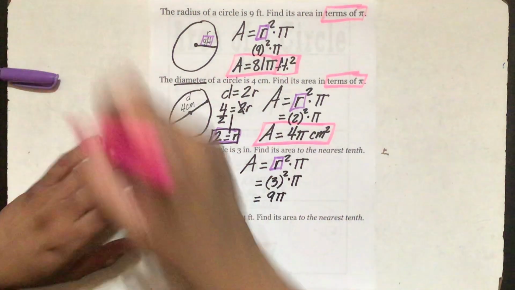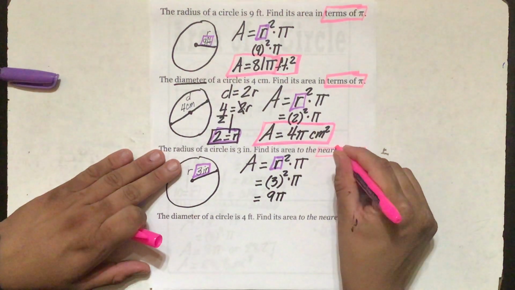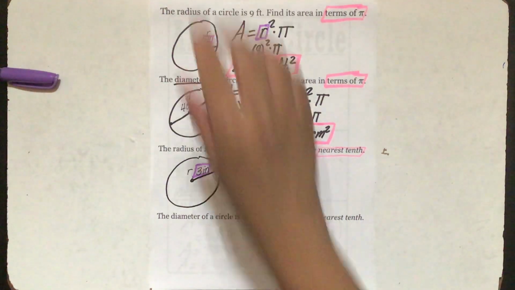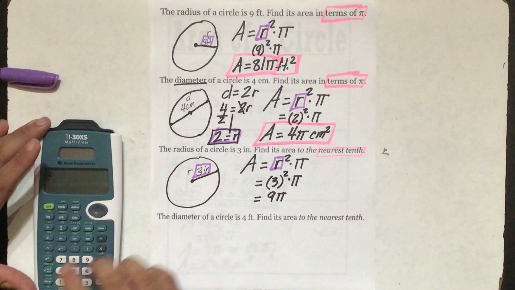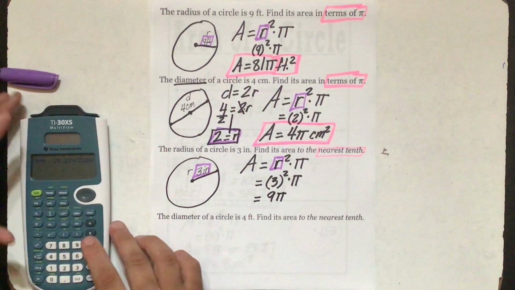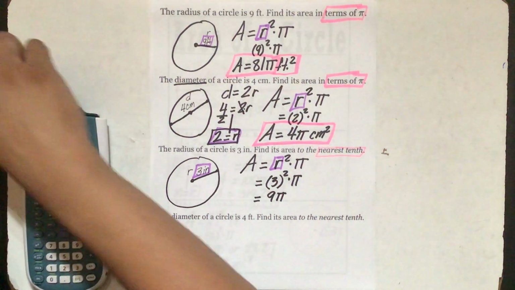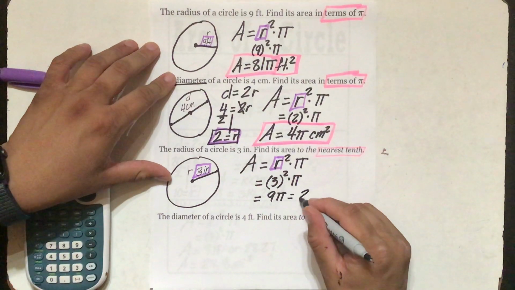But notice here it says to the nearest tenth. So we need to use our calculator and multiply 9 times pi, which gives us 28.27.